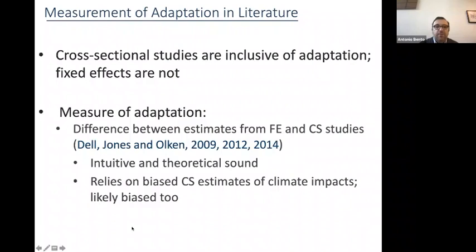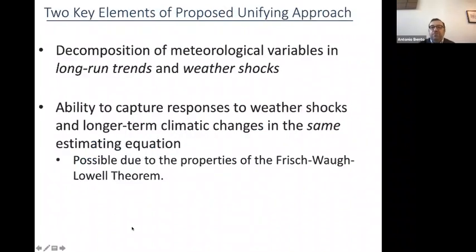So what we are going to do instead is to try to bring the insights of these two approaches and attempt to combine them in what I would call a unifying approach. And so to do that, we really rely on two quite simple insights, if you think about it.